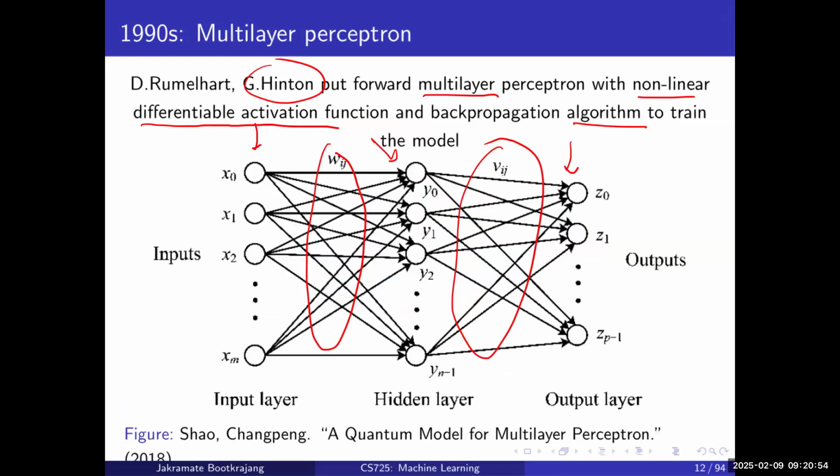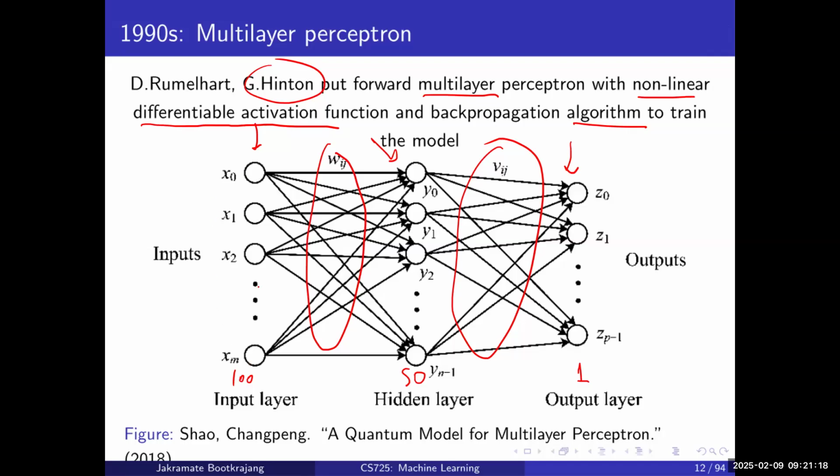Because even with one hidden layer, let's say you have 100 nodes in the input layer, 50 in the hidden layer, and maybe just one in the output layer. How many weights are in this network?